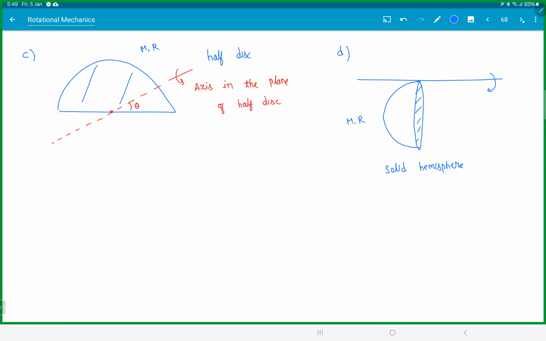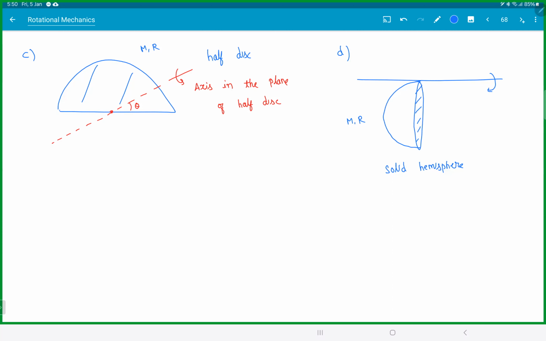What is the answer for this thing, half disk? See, first one.